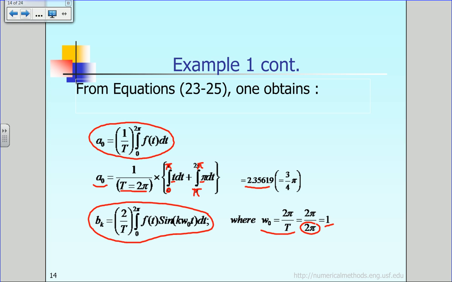So we have to figure out this integral, realizing that omega naught is equal to 1. Furthermore, the index k can go from 1, 2, 3, all the way to infinity in theory. So let us continue to figure out the constant bk.